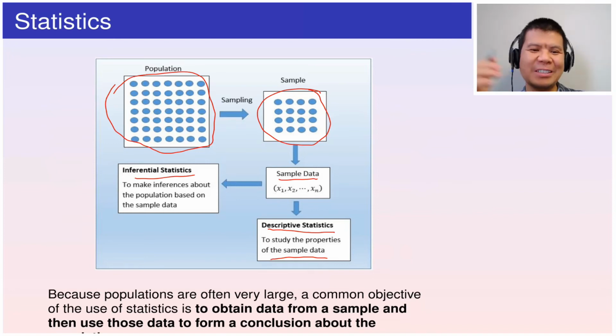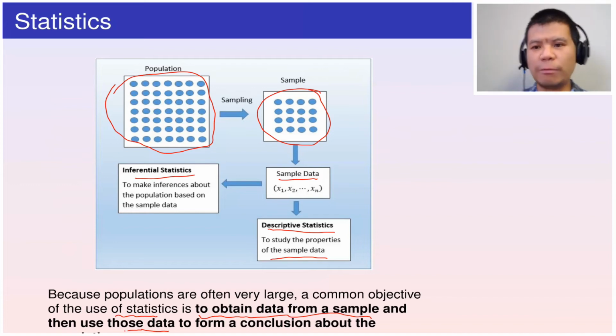Because populations are often very large, a common objective of the use of statistics is to obtain data from a sample, and then use those data to form a conclusion about the population. That's inferential statistics. You first obtain data from a sample, and studying the sample is descriptive statistics.